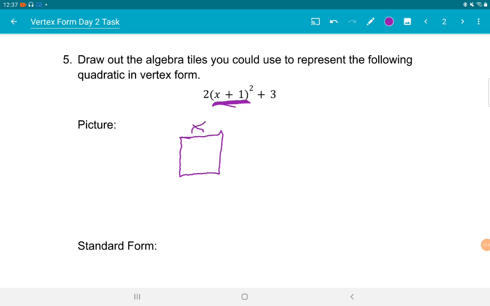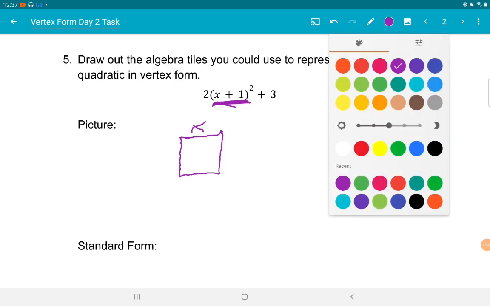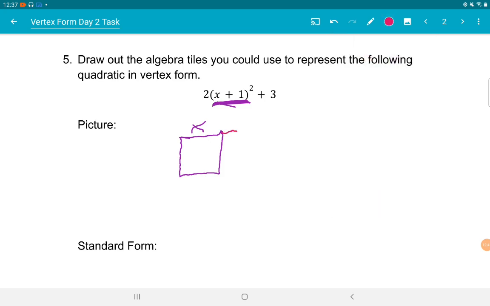So to get an x plus 1, I'm going to need an x tile, an x distance, and then we're going to need to put 1 additional x on each side, right? So 1 and 1, this would be x plus 1 and x plus 1. We just need 1 in the corner to fill it in, right? So x plus 1 squared would be that area, okay?